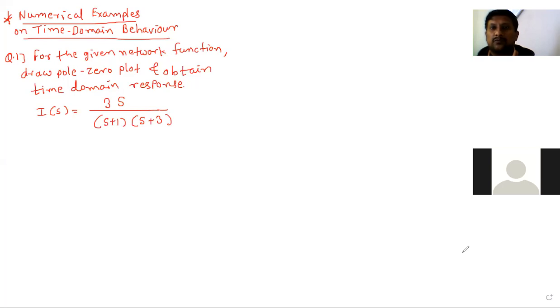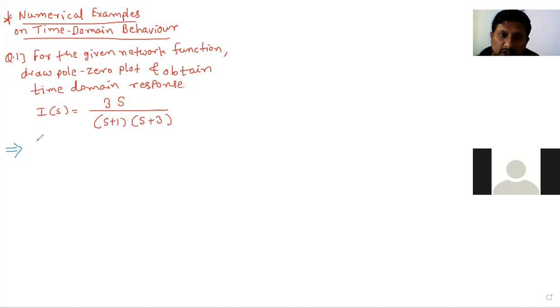This question was asked for 4 marks in the university question paper. So we have to start according to the steps of finding out the time domain behavior. What is the first step here? Yes, first, plot the poles and zeros.